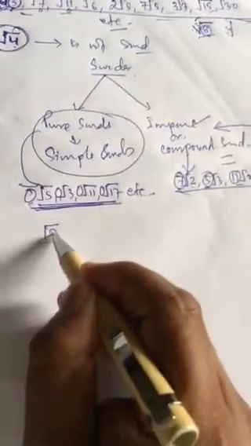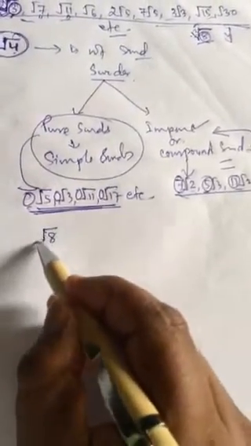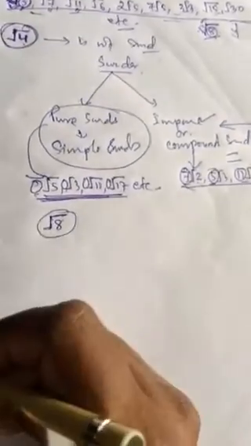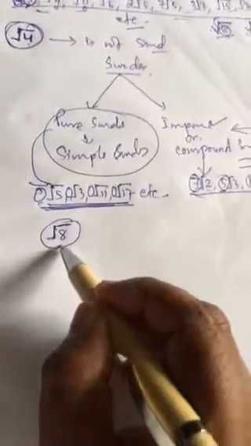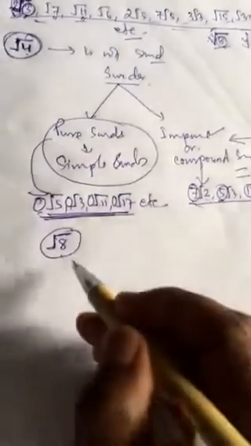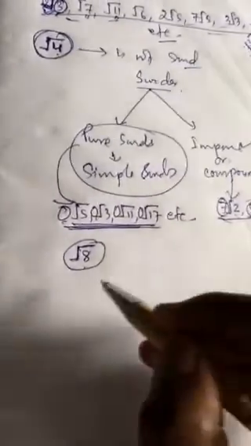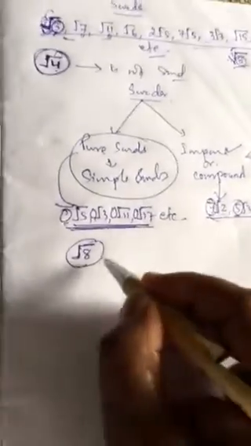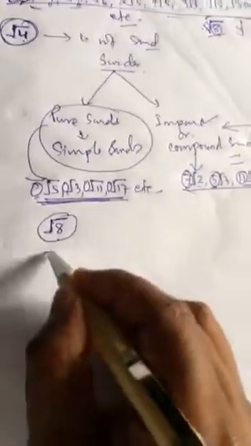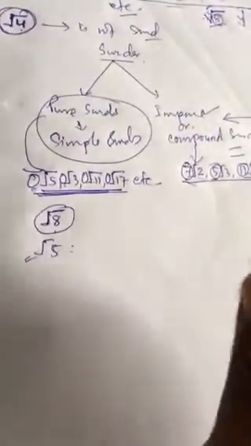Very simple. If I write root 8, at first glance you can say it is a pure surd, but it can be converted into impure. But root 5, at a glance you can also say it is a pure surd, but this cannot be converted into impure.